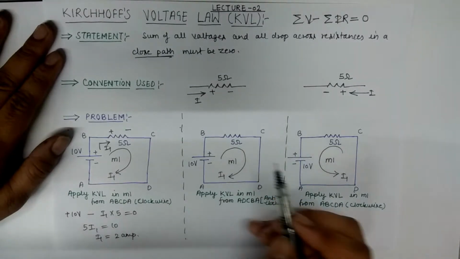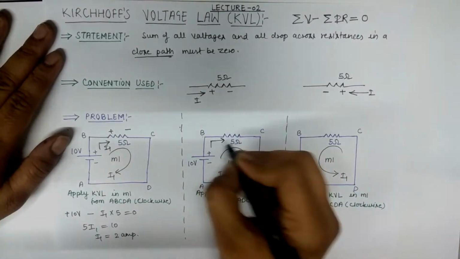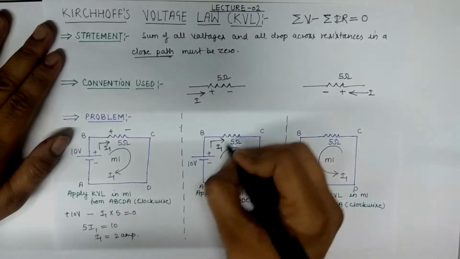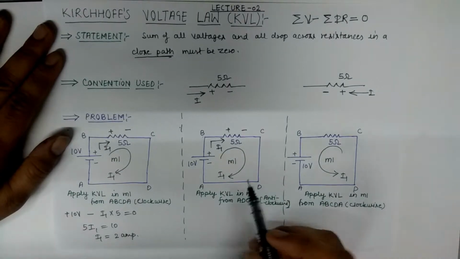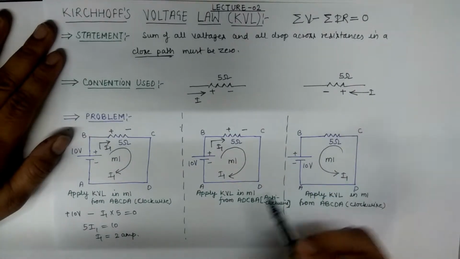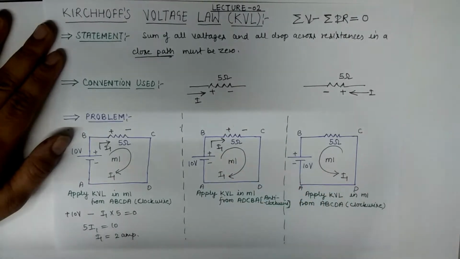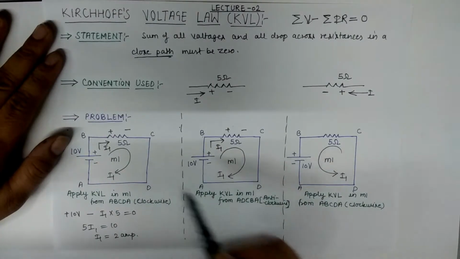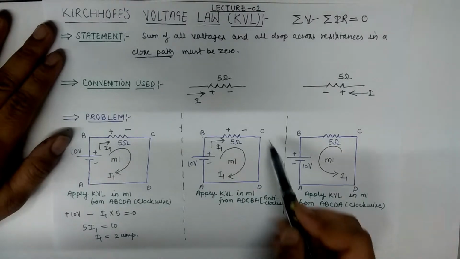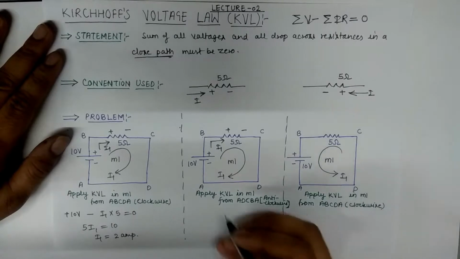In the same circuit, if we follow all these conventions, let us say this is I1, this is positive, this is negative, but we write the equation anti-clockwise, meaning A, D, C, B, A. We follow all the conventions that we assumed in the previous way, but write the equation anti-clockwise. Again we pick the last polarity.